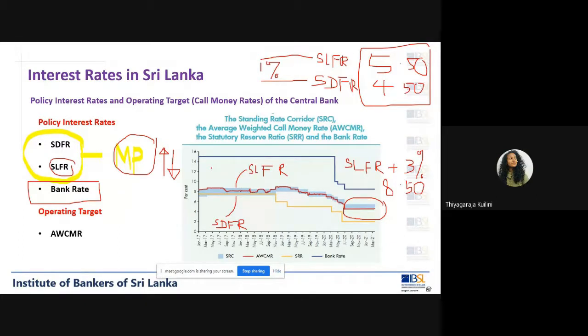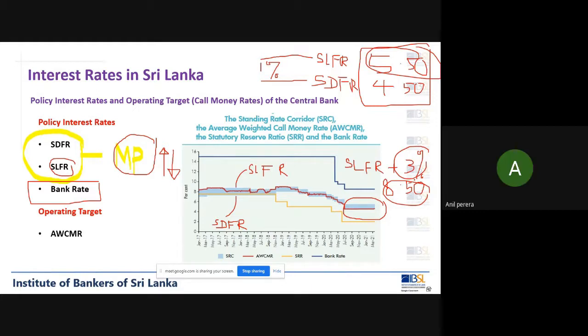I'm asking about the 3 percentage, sir. Yes, for example, SLFR is 5.5, and you add 3% and it becomes 8.5. If SLFR is 4%, then we have to add 3 percentage points. That's it, even in the future also. Okay, yes, sir. Thank you.